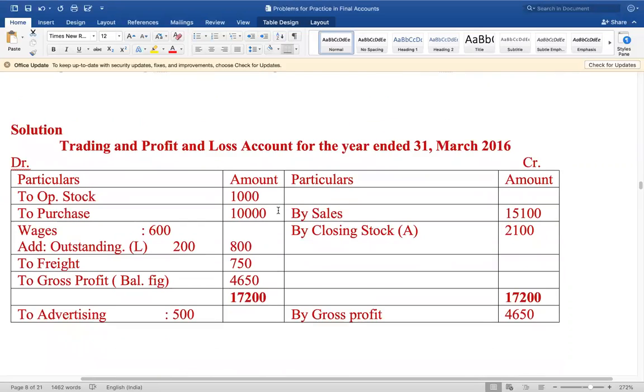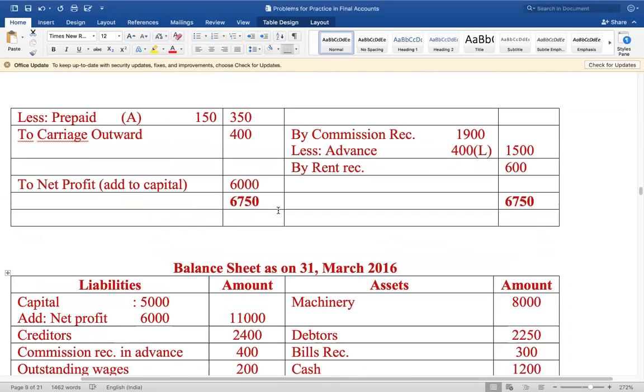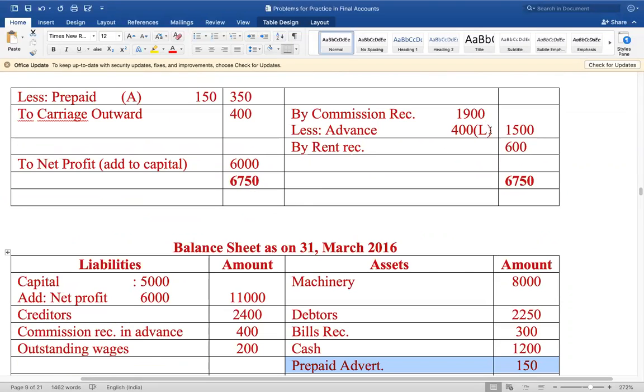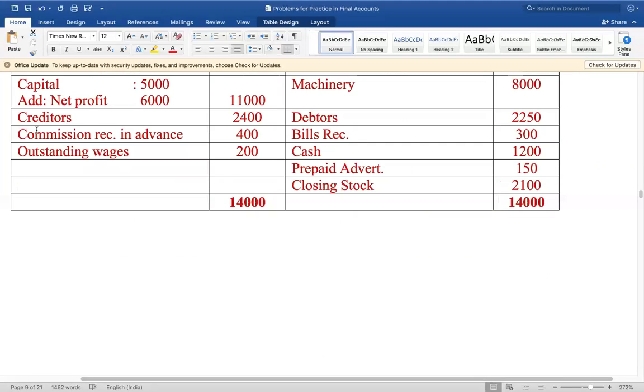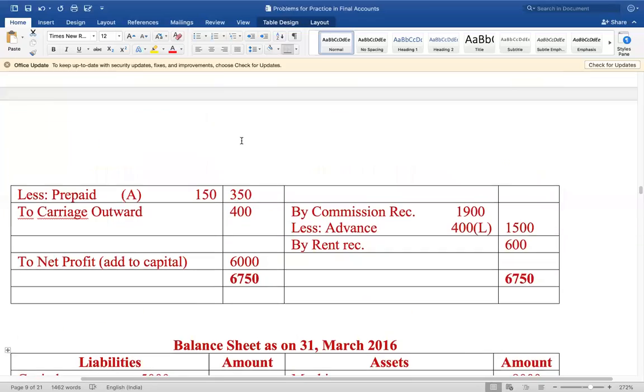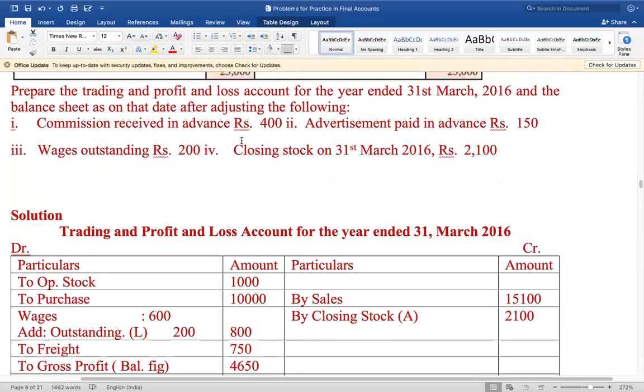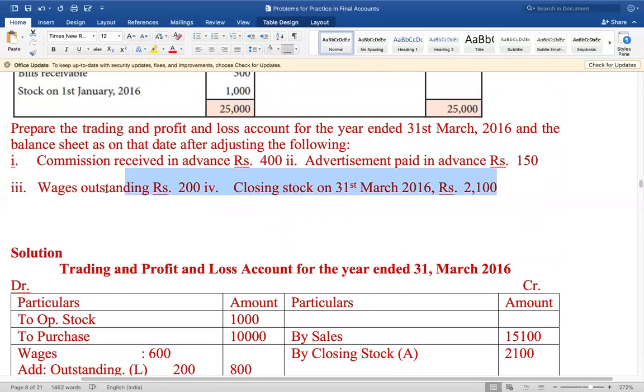The advance receipt is deducted from commission received. This is one effect. The other effect is a liability. Commission received in advance 400 is a liability. So every adjustment will have two effects.